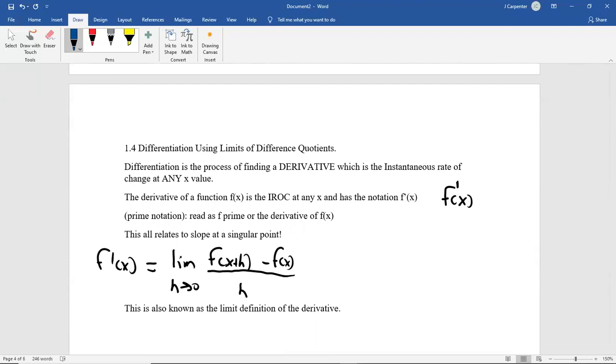So again, we just do the difference quotient. We take the limit as h goes to 0, and bam, we will get a formula. And that formula will describe the slope at any point.